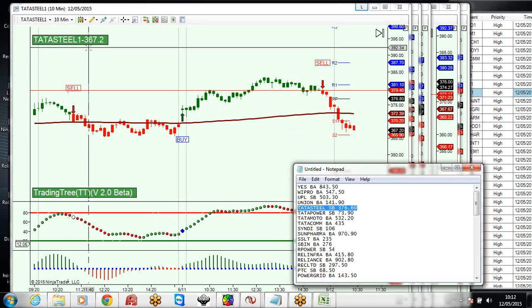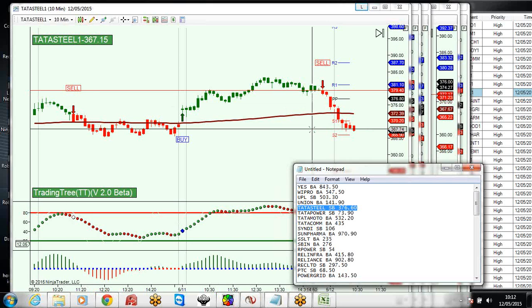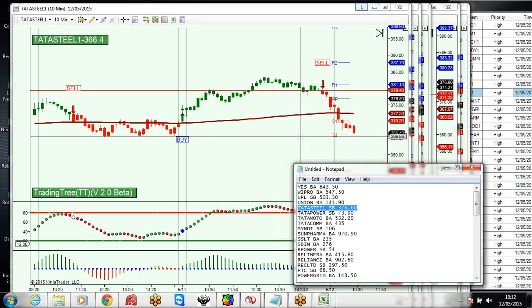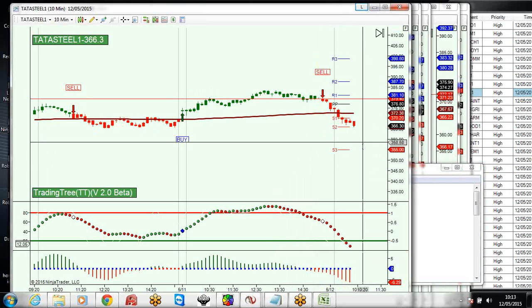So now it is at 367. The next target will be this one, 366.40. And if it breaks this 365, the next will be S3 levels.